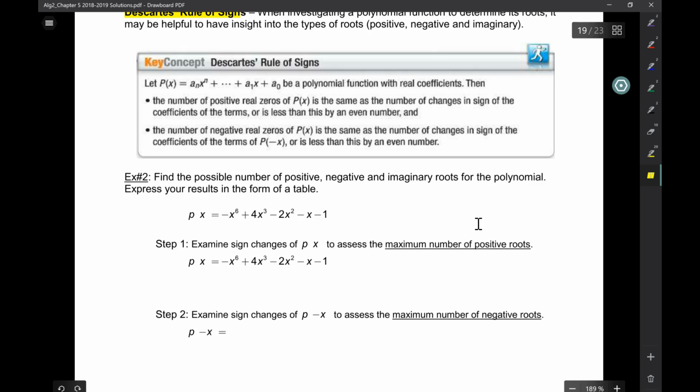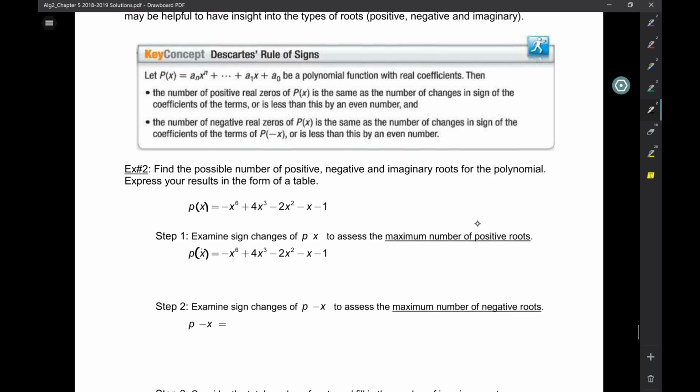I'm missing some x's, parentheses here. Why? Oh my. All right, so this in the box explains the process of what we're going to do.